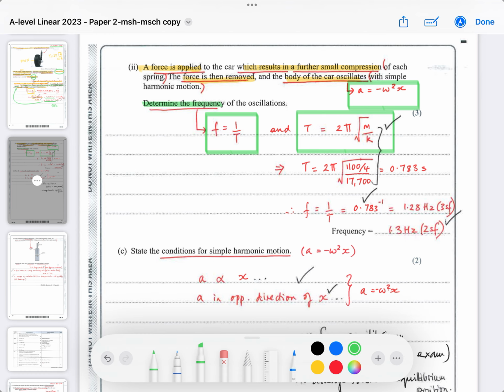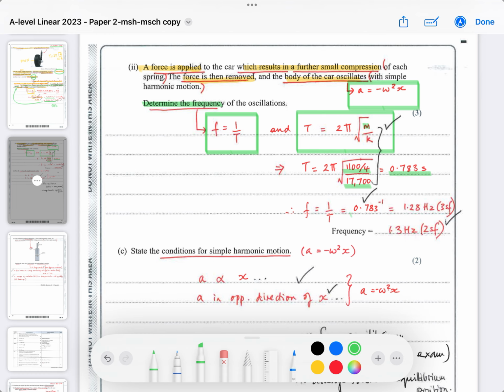And its equilibrium position would be when there was no extra force added. So it will be 1100 divided by 4, the weight on each suspension, divided by K, the mass, I should say, not the weight. The 1100 kilograms divided by 4, and you'll see that that would create the oscillations into 3 significant figures of 0.783 seconds.